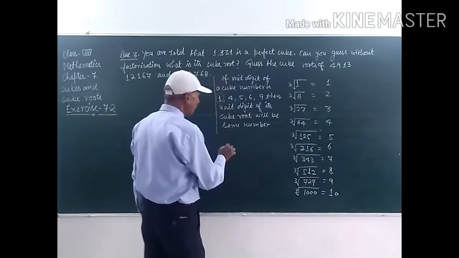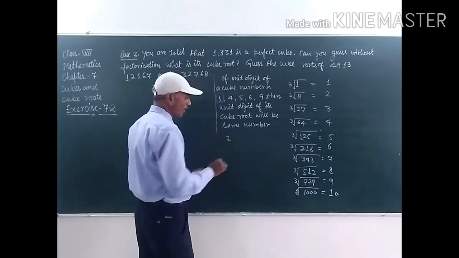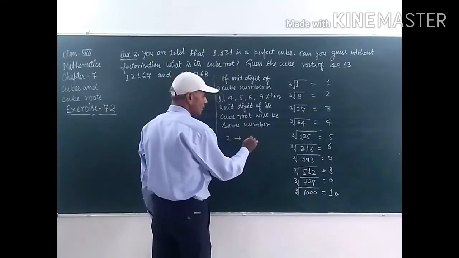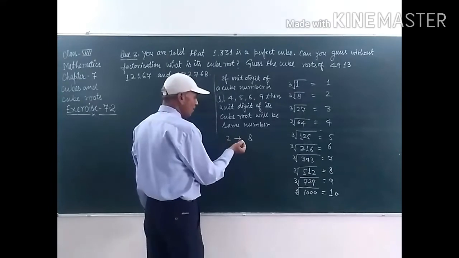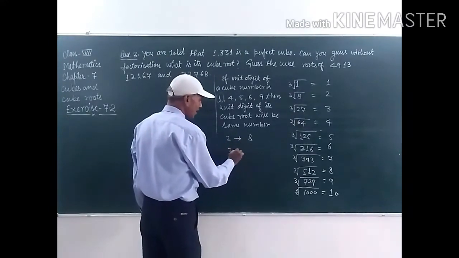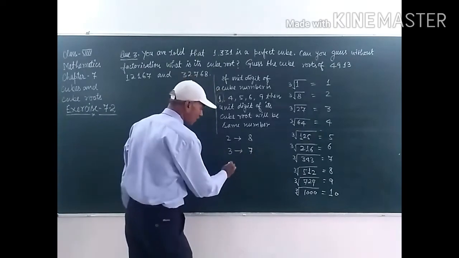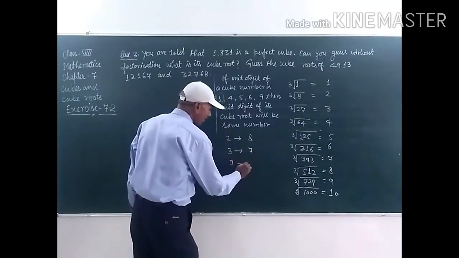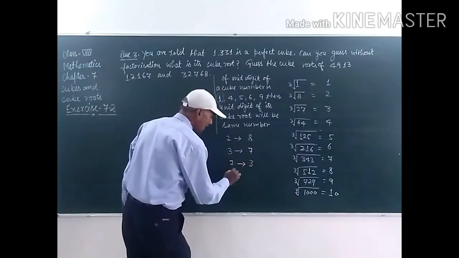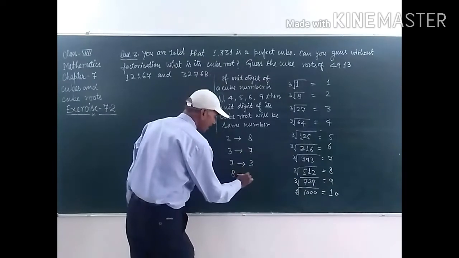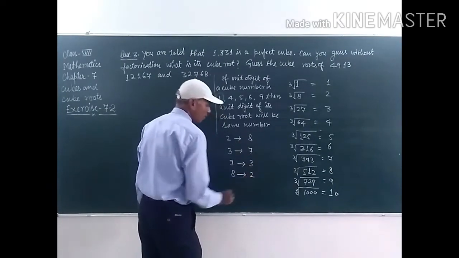And second rule, if the unit digit is 2 in the cube number, then in its cube root it will be 8. And if the unit digit is 3, then its cube root ends with 7. If the unit digit is 7, then its cube root will end with 3. If the unit digit of the cube number is 8, then its cube root's unit digit will be 2.